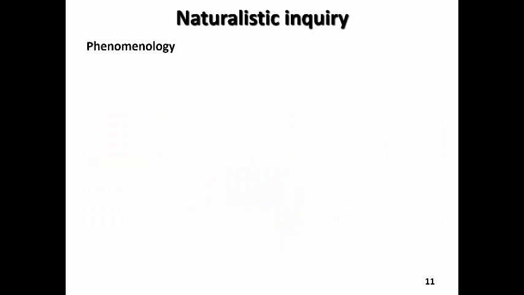We begin our study of naturalistic inquiry with the first approach called phenomenology. And when we think about phenomenology, we are drawing meaning from complex realities. And so we have these very generally defined items called phenomena.